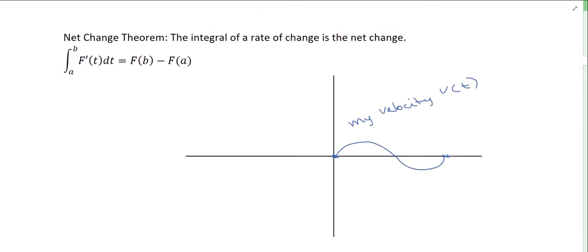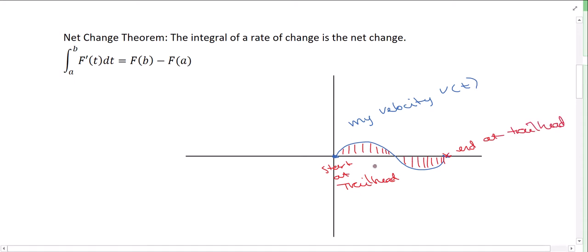The reason I drew it symmetric is so that when you look at the area under here, that's my distance traveled. And then this is the distance traveled on the way back. So then this will be the start at the trailhead, and then this will be my end at the trailhead.